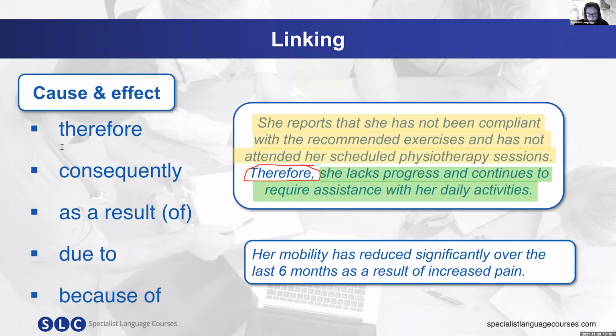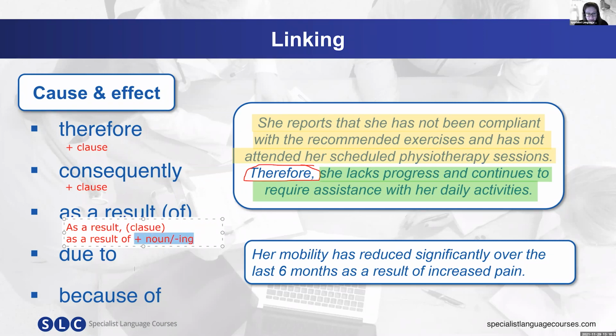So therefore is usually followed by a clause. The same for consequently. Yeah, consequently, she lacks progress. As a result, we can do as a result, comma, and then a clause, or as a result of, and then we use the noun or the ing form.